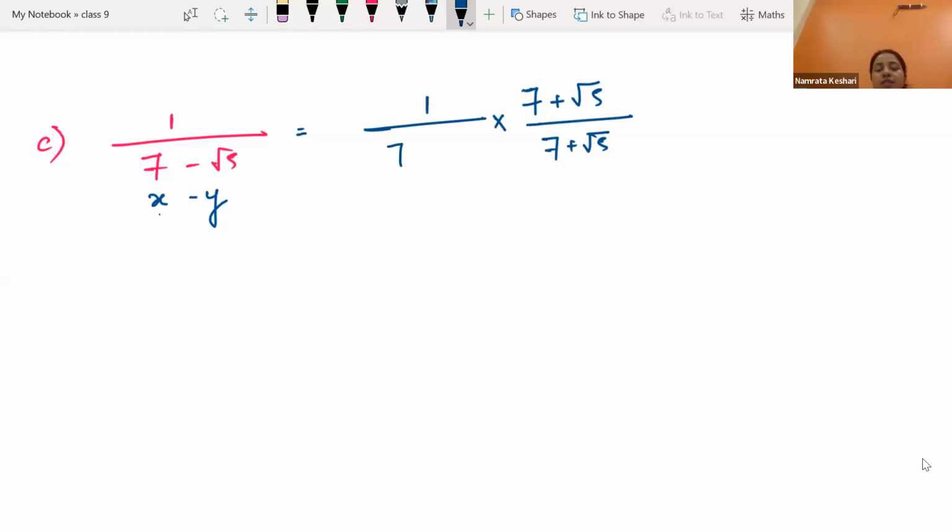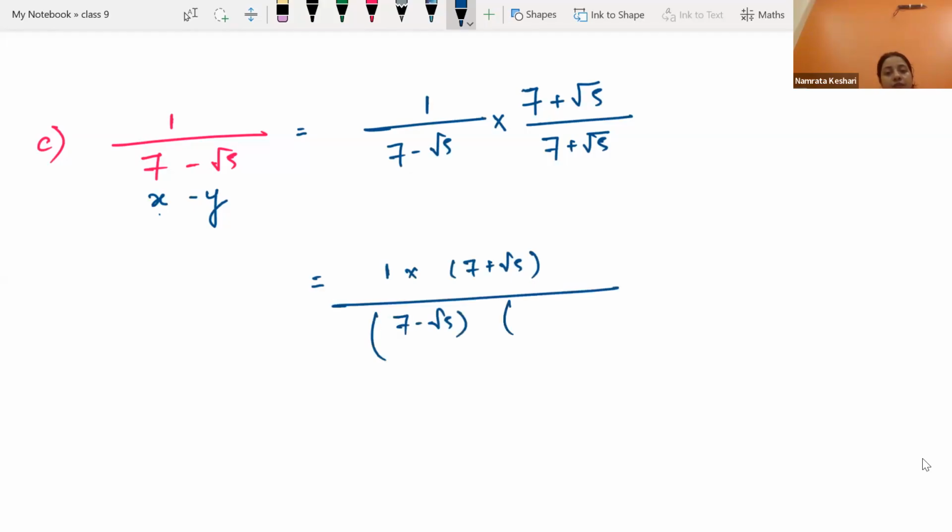So 7 minus root 5 was there in the denominator, and we did the multiplication with 7 plus root 5 by 7 plus root 5. Due to that, now our numerator is multiplied with numerator and denominator with denominator. Can you see a formula, an identity over here, x plus y, x minus y?